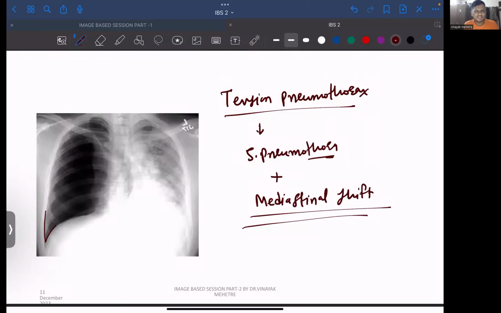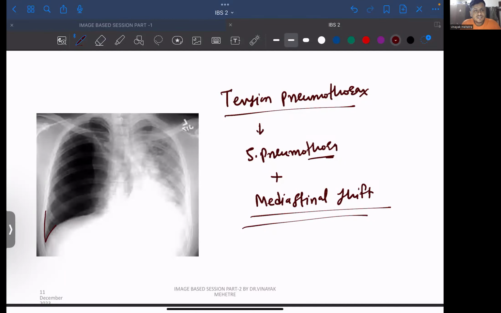What is the treatment? Again, treatment. Remember, any kind of thorax, treatment is intercostal drainage, ICD. Puncture is emergency management for any kind of thorax.